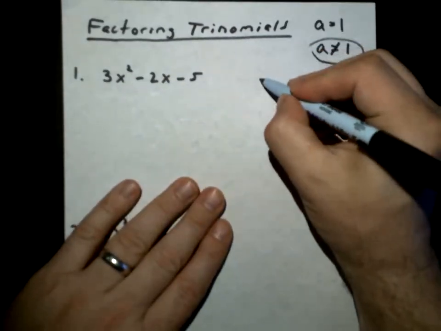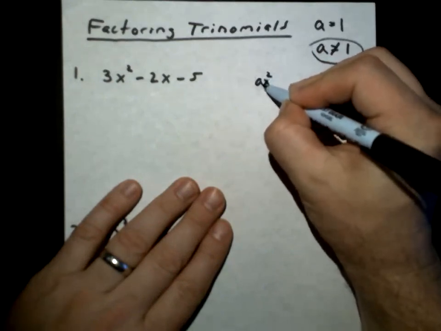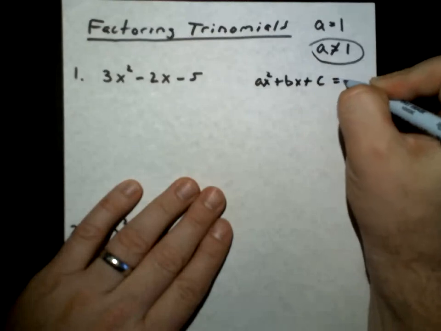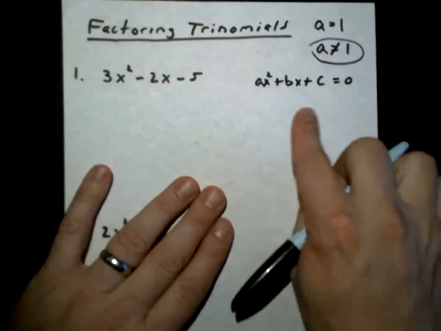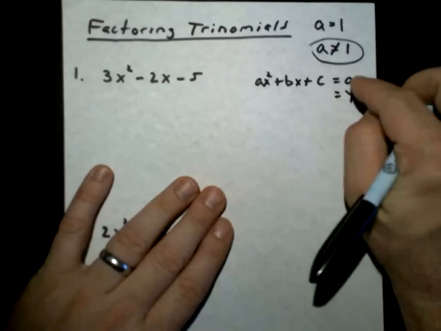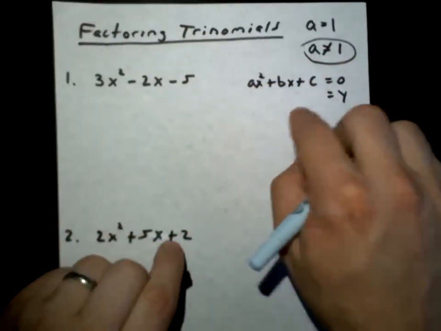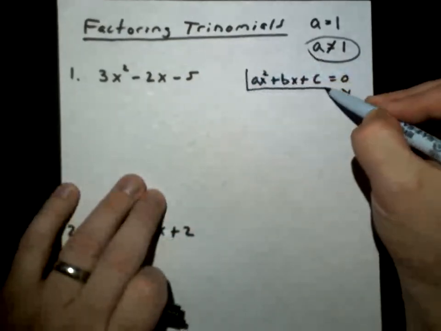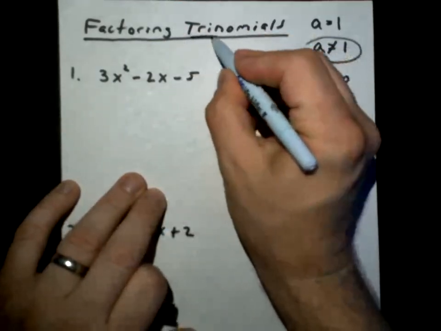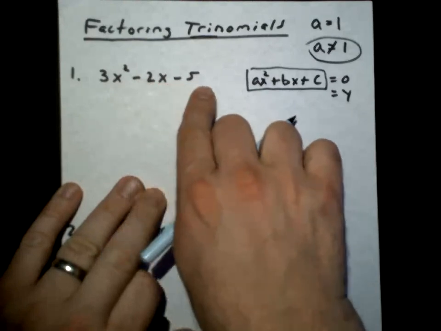By the way, I hope that you remember that you're dealing with a quadratic equation. Sometimes you can have this equal to y, and y can be on both sides. It doesn't matter, but you are focusing on quadratics. And this is a trinomial, again, because there are 1, 2, 3 terms.